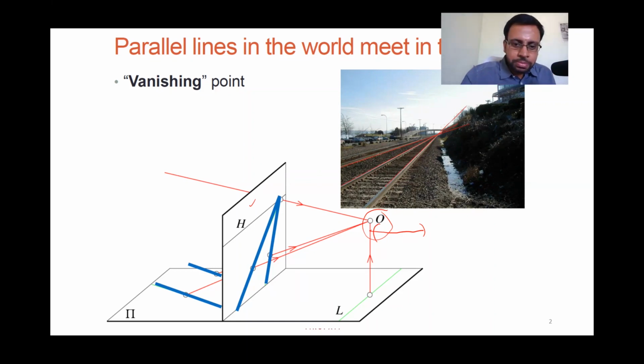Now when you connect them from this point O, because that's equivalent to the hole in the pinhole camera, you would see that they in fact intersect there at this point. So geometrically, by drawing a diagram, you could see that parallel lines in the 3D world get converged in the 2D plane.